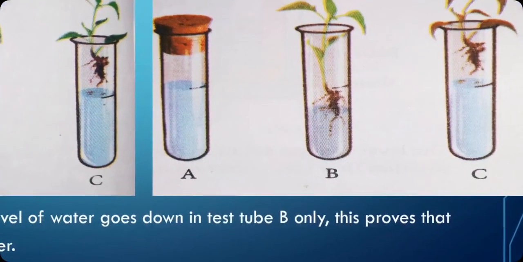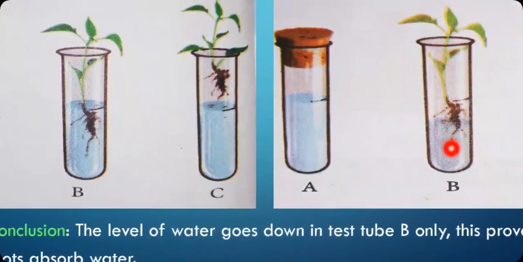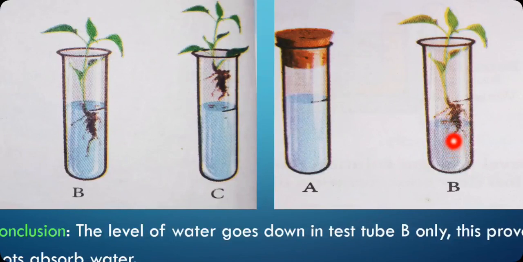And here in B, as the amount of water is reduced, it means some of the water is used by the roots for the plant, to keep the plant alive, and that's why the level of water decreases.